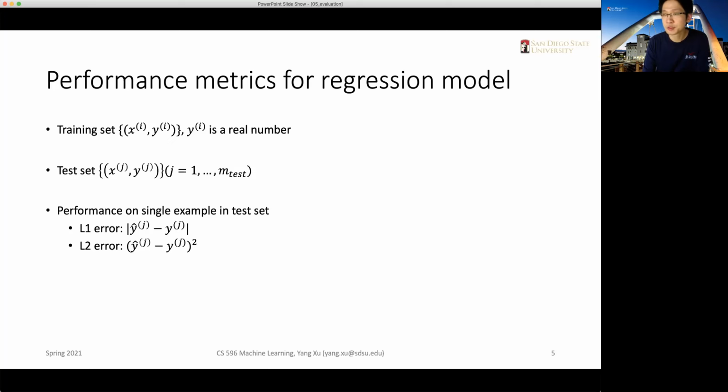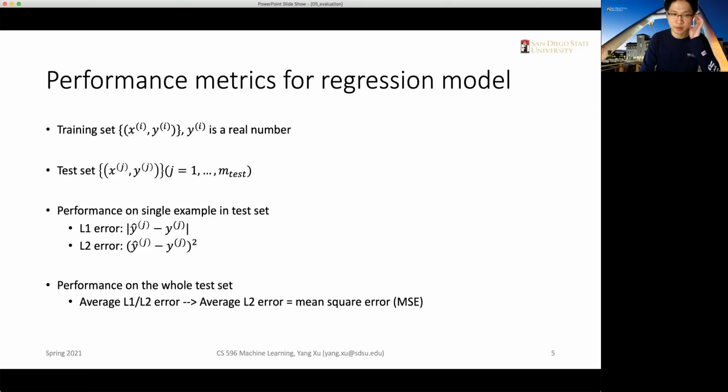Of course we want the errors to be small. A good model means the difference between the prediction and the actual value is smaller. So these errors are the negative indicators of the model's performance. For the whole testing set, we can use the average L1 or L2 error.